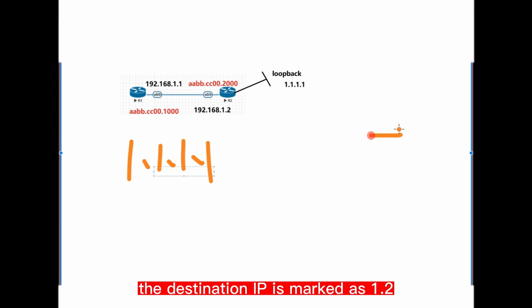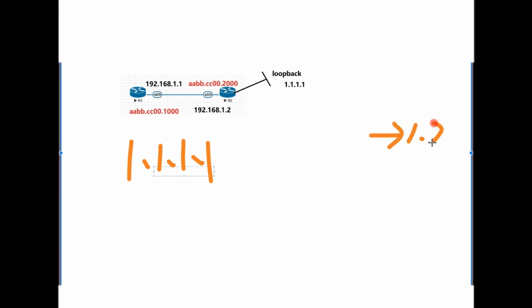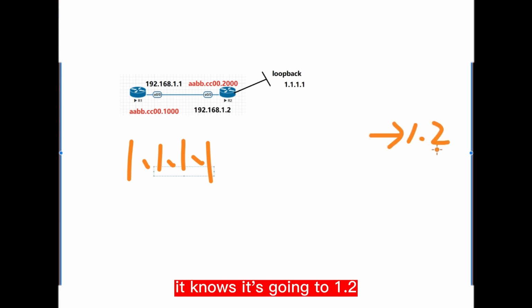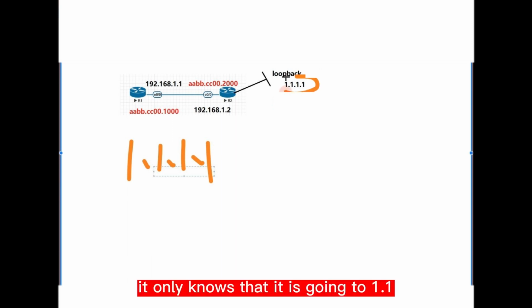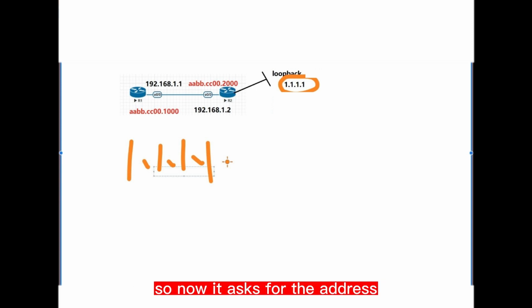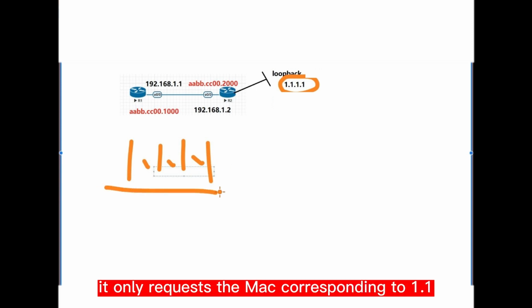If the destination IP is marked as 1.2, it knows it's going to 1.2 and goes to request 1.2. If you do not mark this 1.2 for it, it only knows that it is going to 1.1. So now it only requests the MAC corresponding to 1.1.